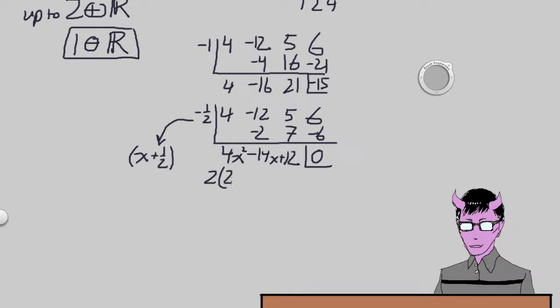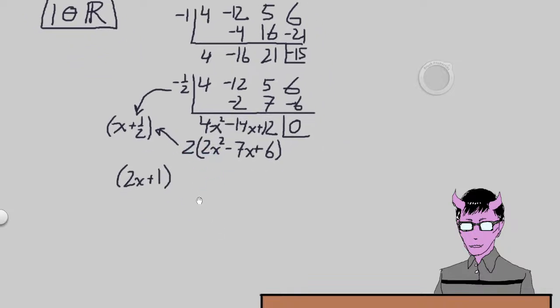So factor out the 2, we're going to get 2 times 2x squared minus 7x plus 6. And as stated, we're going to transfer that over to this one just to make it look nice. So 2x plus 1. You don't have to do this. Some people prefer to keep this as exponent. Some people prefer to keep it with coefficient 1, but I like whole numbers inside these factors. So it depends on teacher or your personal preference.